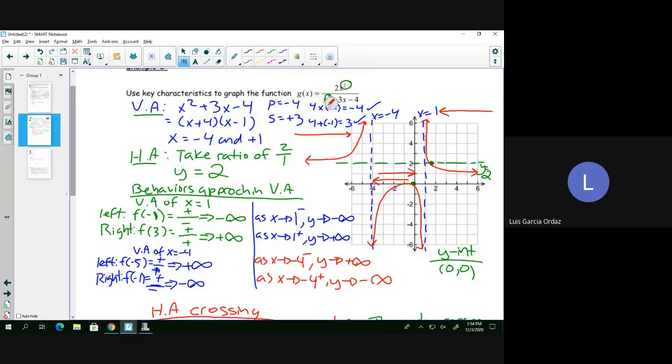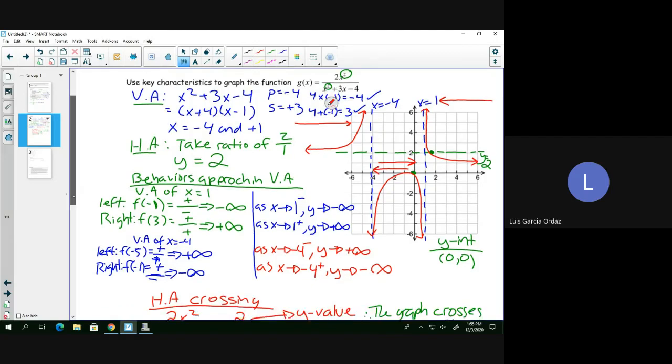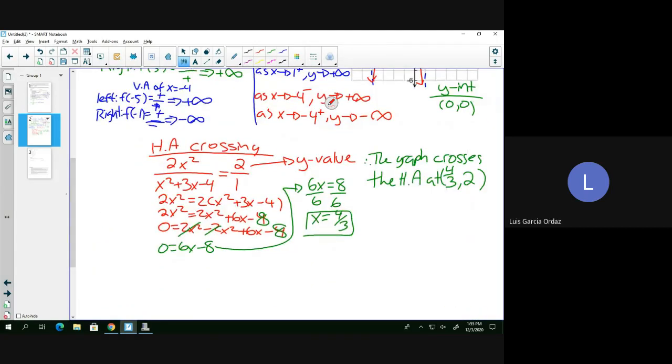So all we're doing is we graphed this reciprocal function just based off the behaviors of the graph approaching its vertical asymptotes, and that's going to help us graph these types of reciprocal functions. So now, all that's left is to determine the end behaviors. So I'm going to erase the horizontal crossing part.